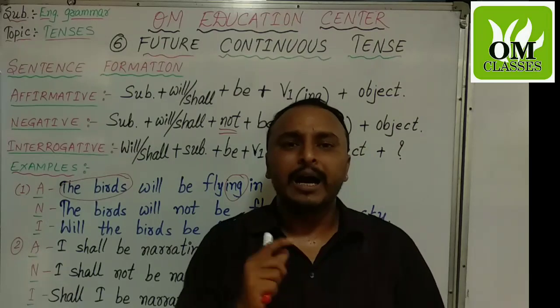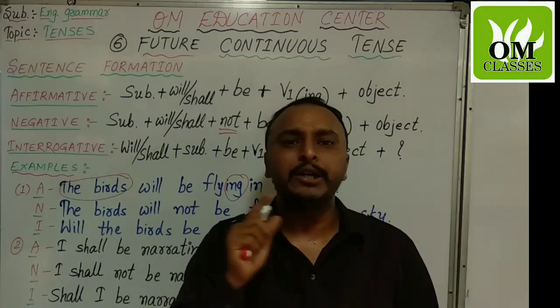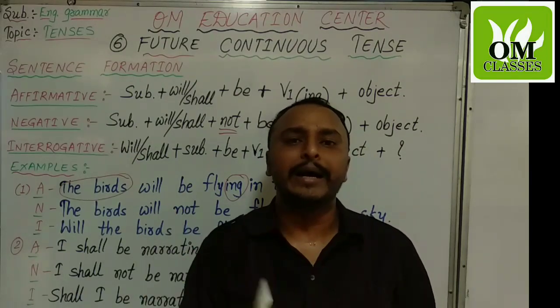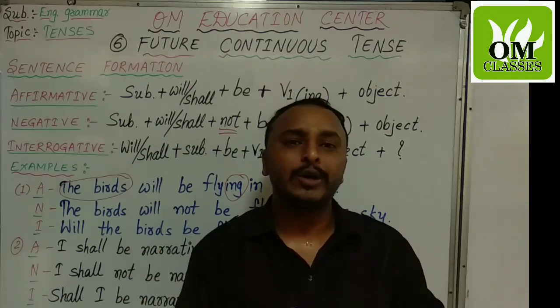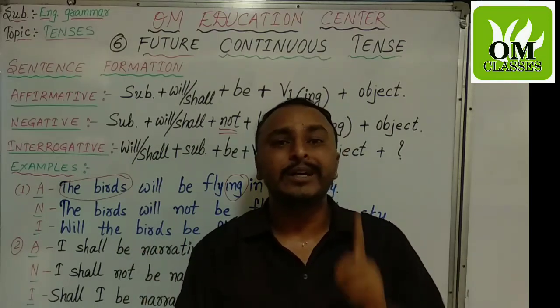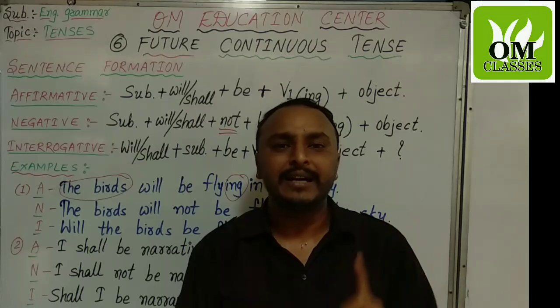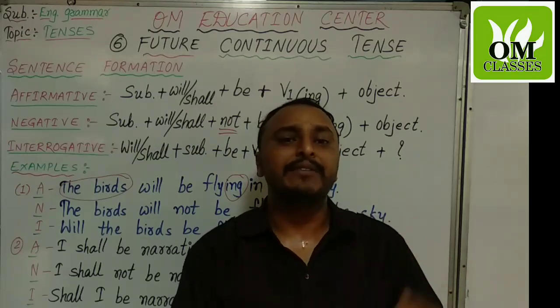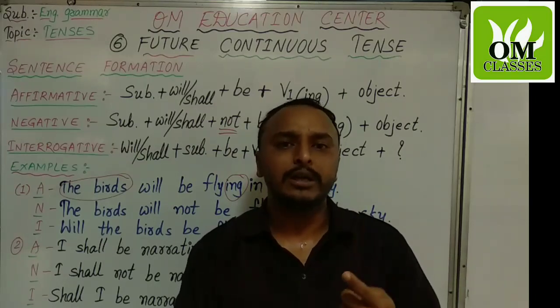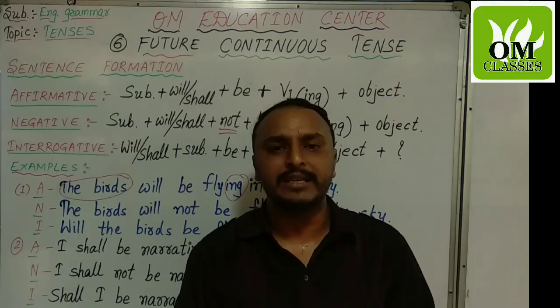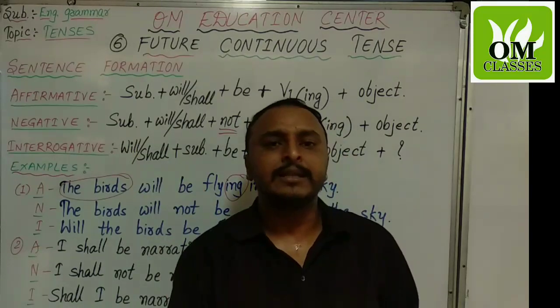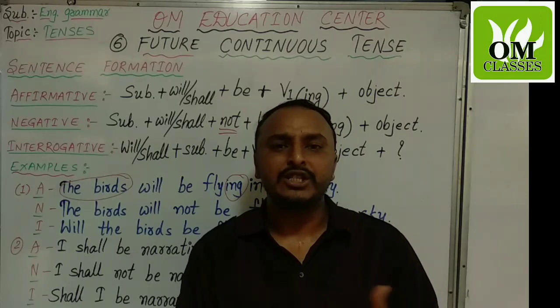Let's start. I teach tenses. I do not teach tenses. Do I teach tenses? I taught tenses. I did not teach tenses. Did I teach tenses? I will teach tenses. I will not teach tenses. Will I teach tenses? Then for continuous tenses, I am teaching tenses.